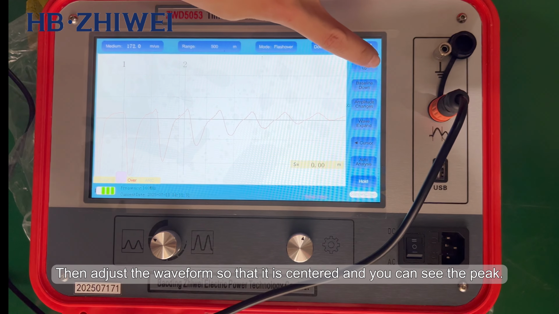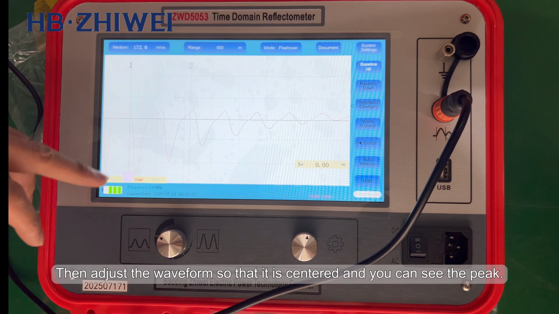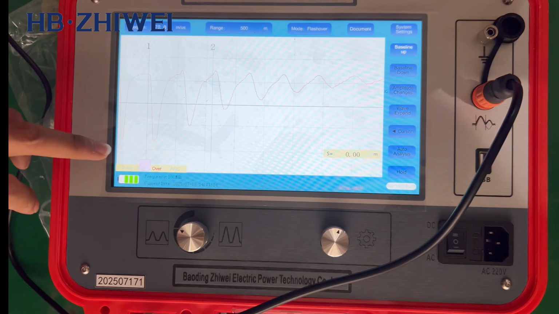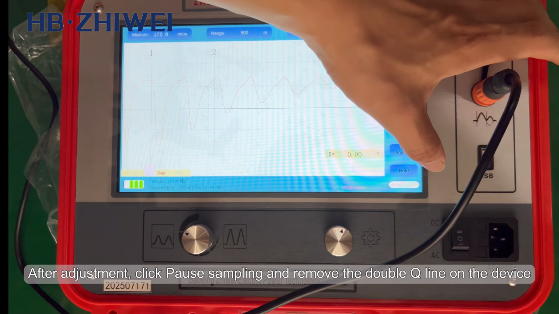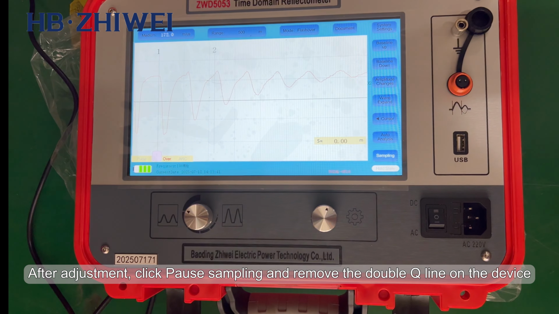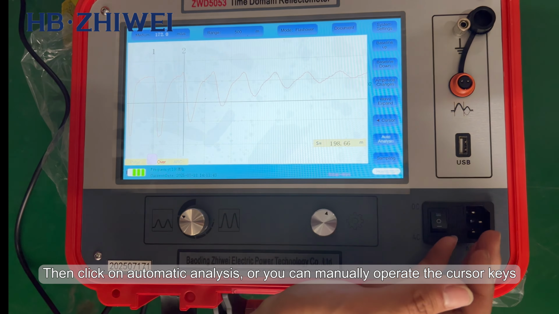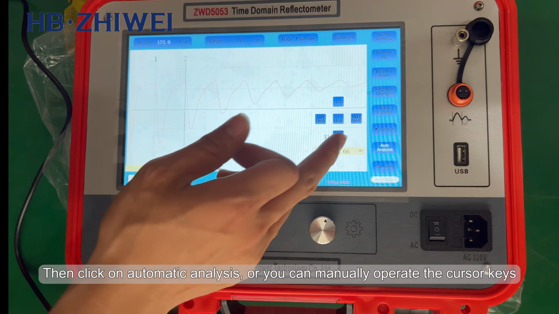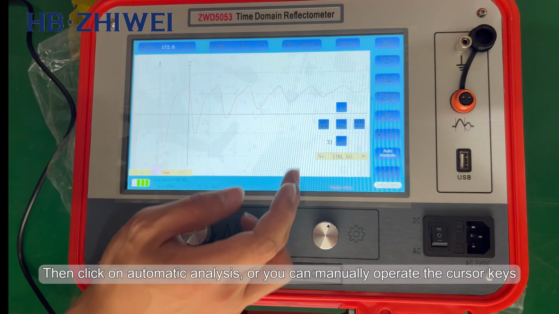Then adjust the waveform so that it is centered and you can see the peak. After adjustment, click Pause Sampling and remove the double Q line on the device. Then click on Automatic Analysis, or you can manually operate the cursor keys.